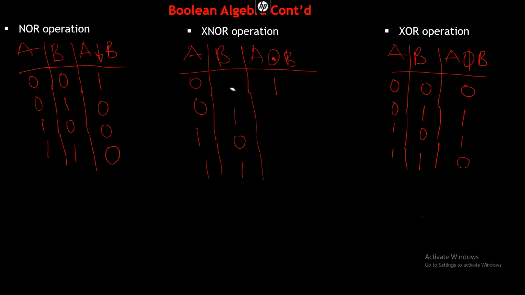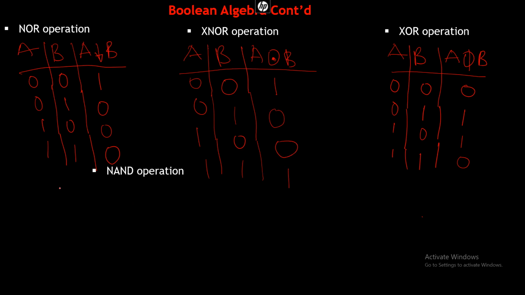I think there is a mistake here. Take this one off here. It's 0, 0. So when both are false, you have a true value. When one is false, it returns the false value. When one is true, it returns the false value. When both are true, it returns 1.